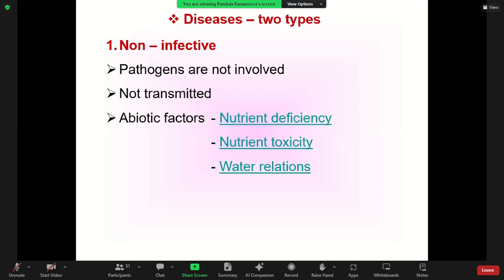One is non-infective diseases. That means those diseases are not caused by a pathogen. There are no plant pathogens, but they may be caused by other non-living factors like nutrient deficiency, toxicity created by excess levels of nutrients, or water relations.